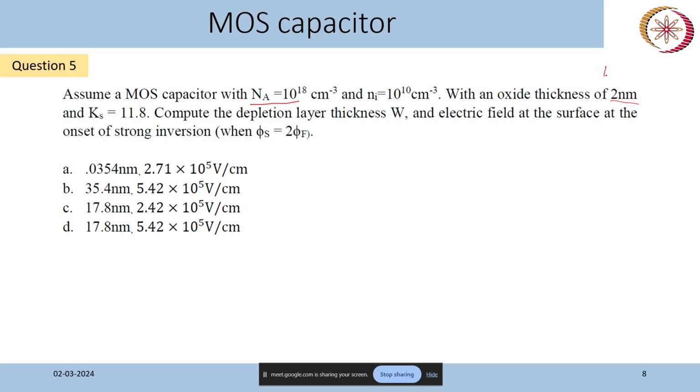So tox is 2 nanometer, and Ks is 11.8. What is Ks? This is the relative permittivity of the semiconductor layer.